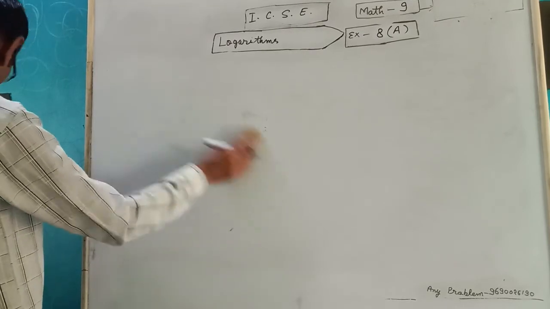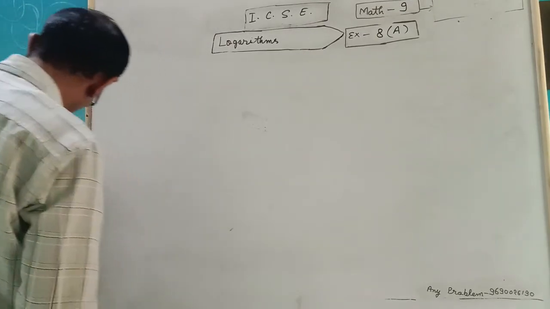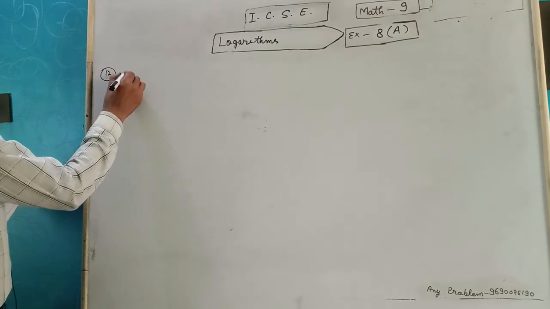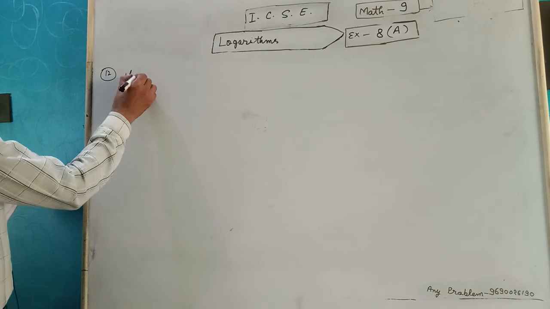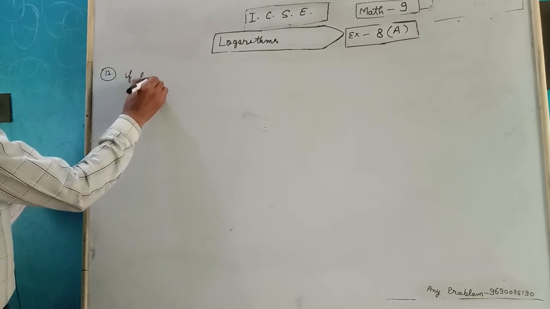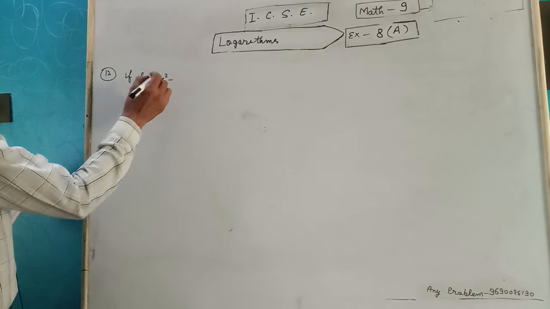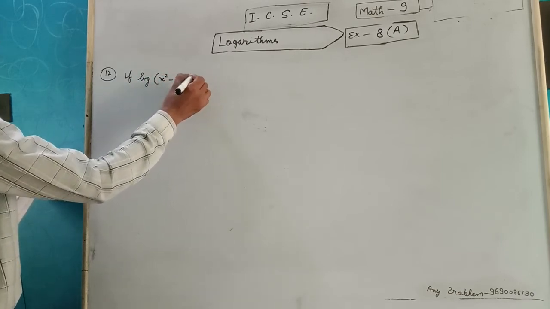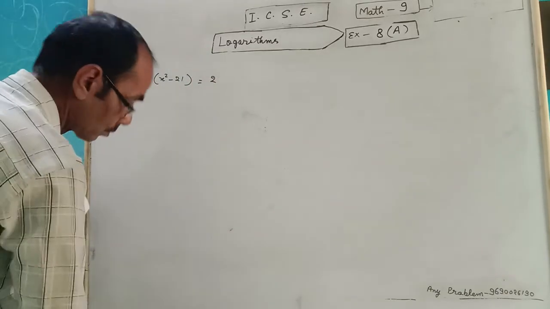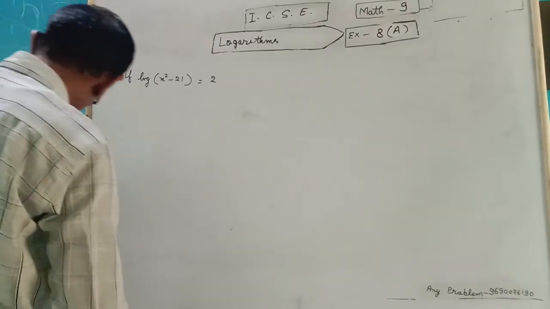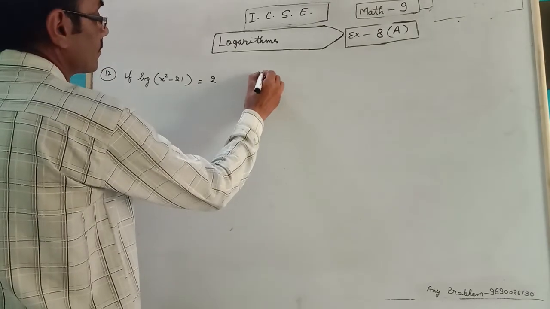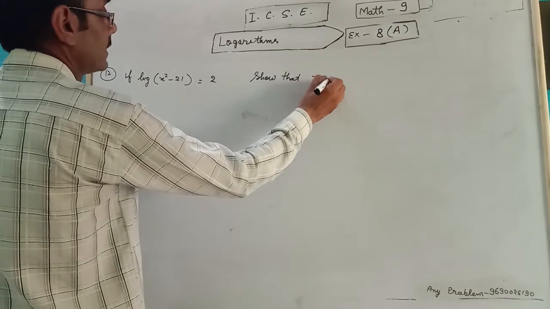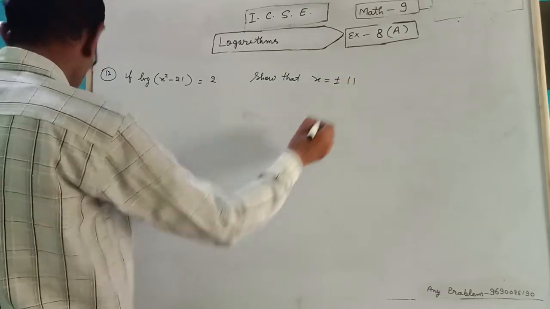12 question. If log of x square minus 21 is equal to 2, then show that x is equal to plus minus 11.